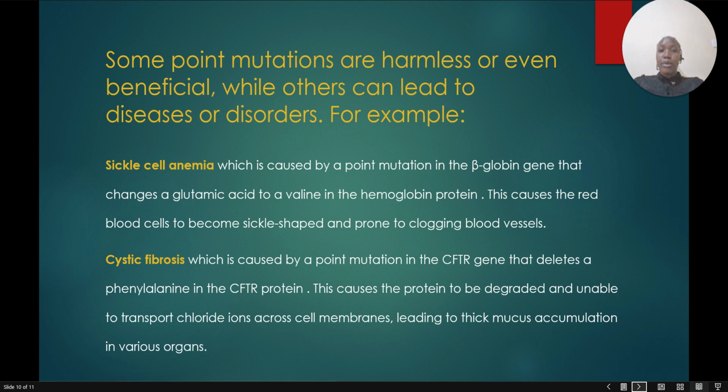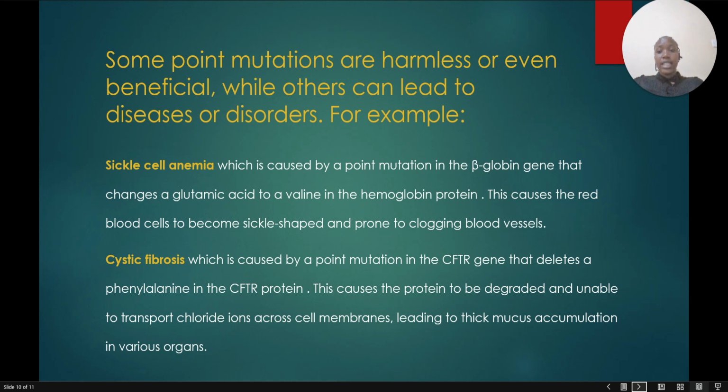For example, sickle cell anemia is caused by a point mutation in the hemoglobin gene that changes a glutamic acid to a valine in the hemoglobin protein. This causes the red blood cells to become sickle-shaped and prone to clogging blood vessels.